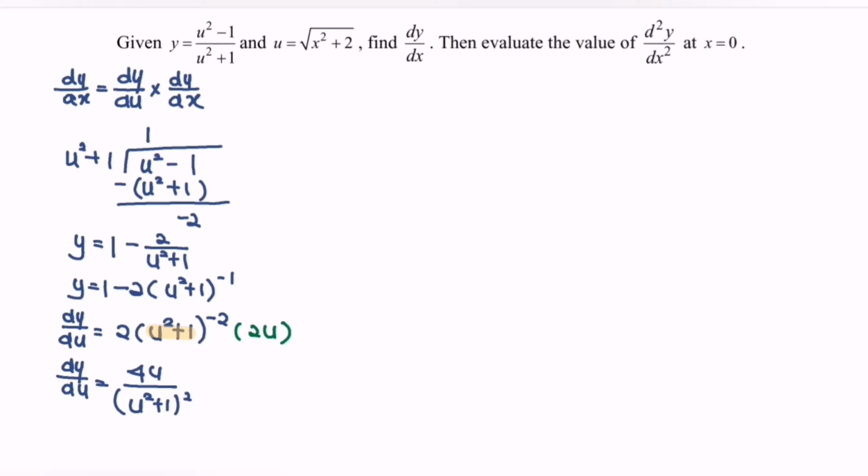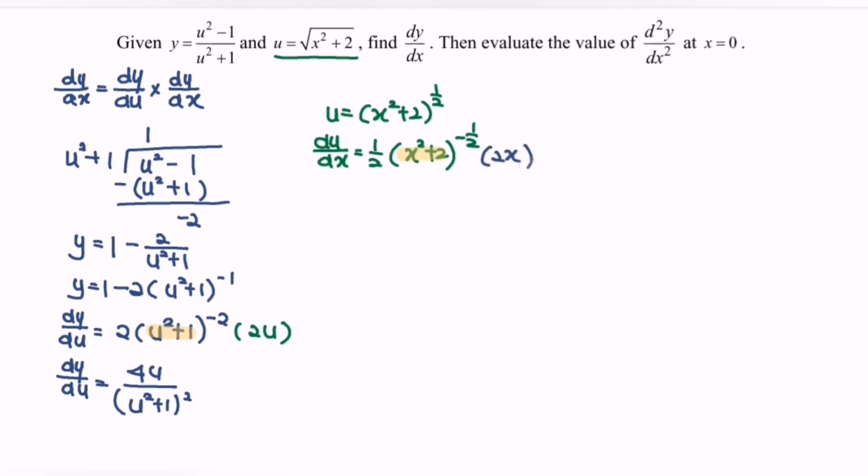Next part, we are going to focus on u. So u equals x squared plus 2 to the power of 1 over 2. Next we are going to differentiate du/dx, where we will have 1 over 2 bracket x squared plus 2 to the power of negative 1 over 2. Differentiate the x squared plus 2 and we will have 2x plus 0.